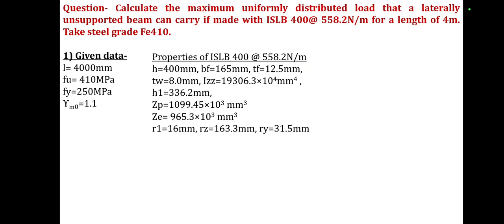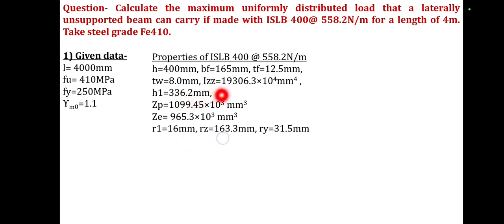Then from the steel table we have to write down the following values. First one, H, that is the depth, 400 mm, BF, width of the flange, as 165 mm, TF is equal to 12.5 mm, TW as 8 mm, IXX as 19,306.3 into 10 raised to 4 mm raised to 4.